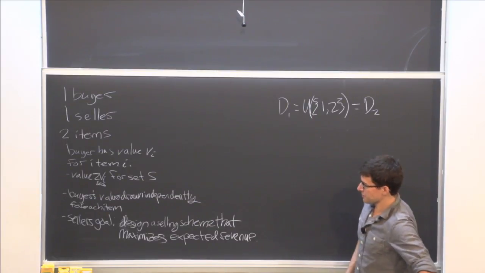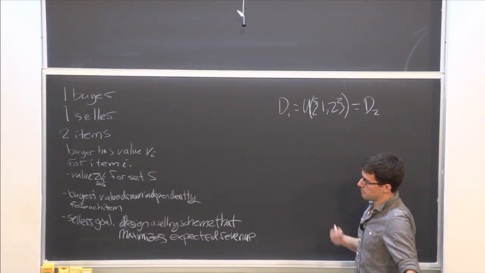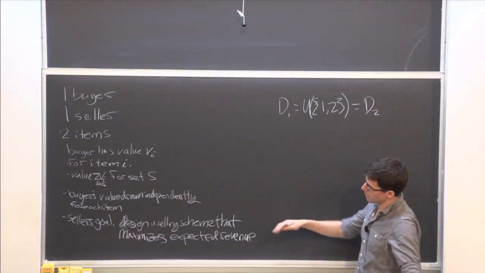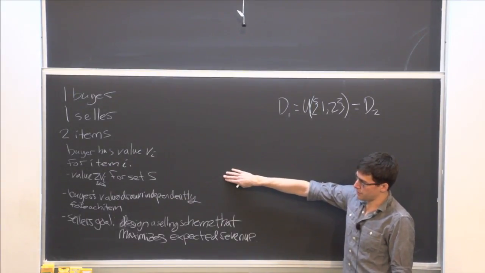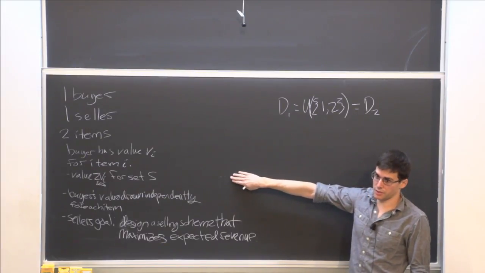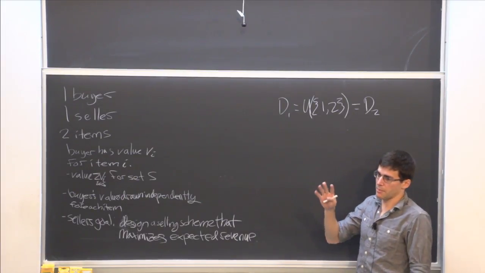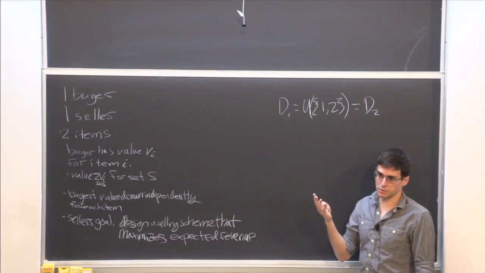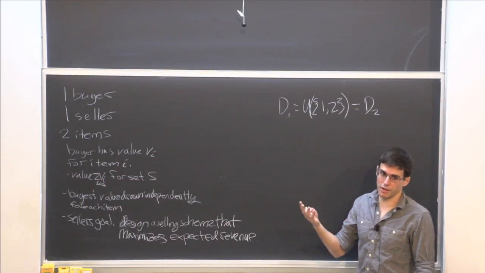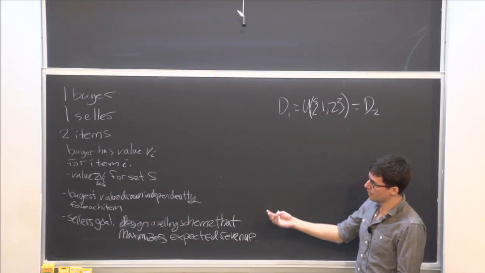I'll comment that a tempting thing to reason is that you look at this and say, okay, the buyer's value is linear or additive over the items. So it doesn't matter whether he gets item 1; his value for item 2 is his value for item 2. It's not like if he gets item 1 he has more value, and if he doesn't get it he has less value.